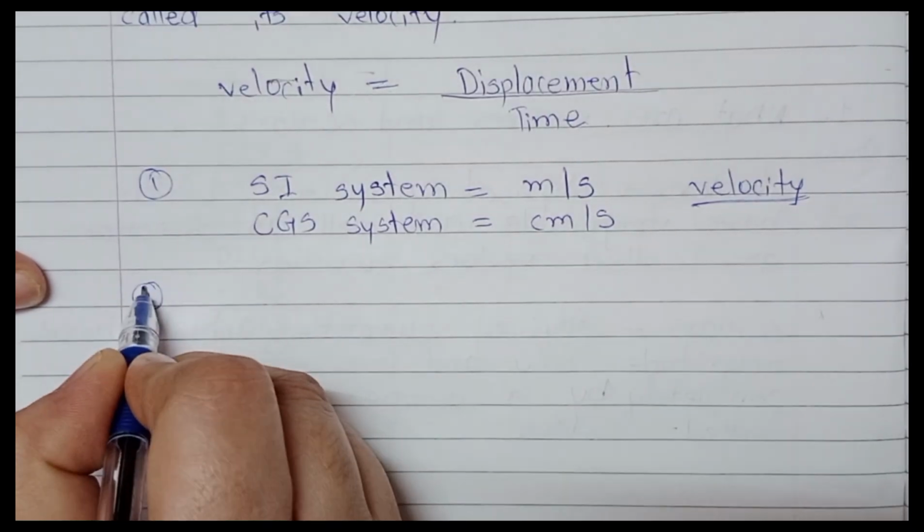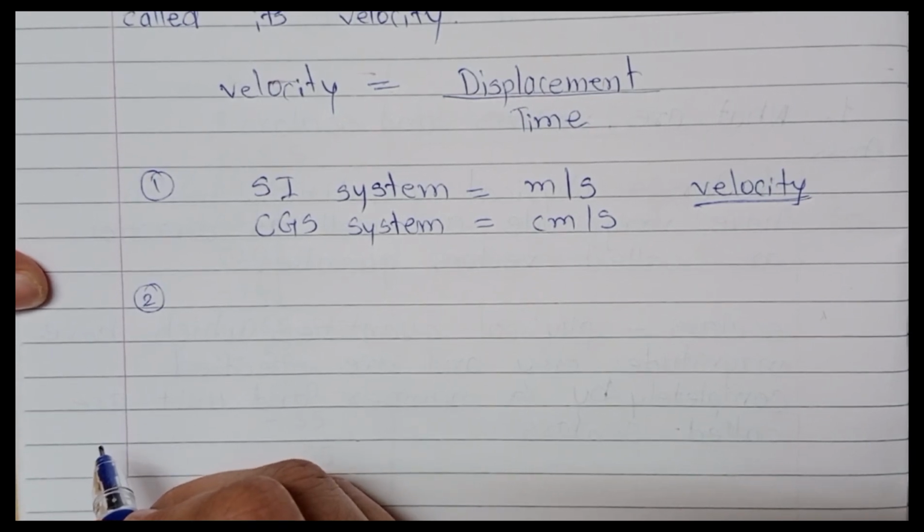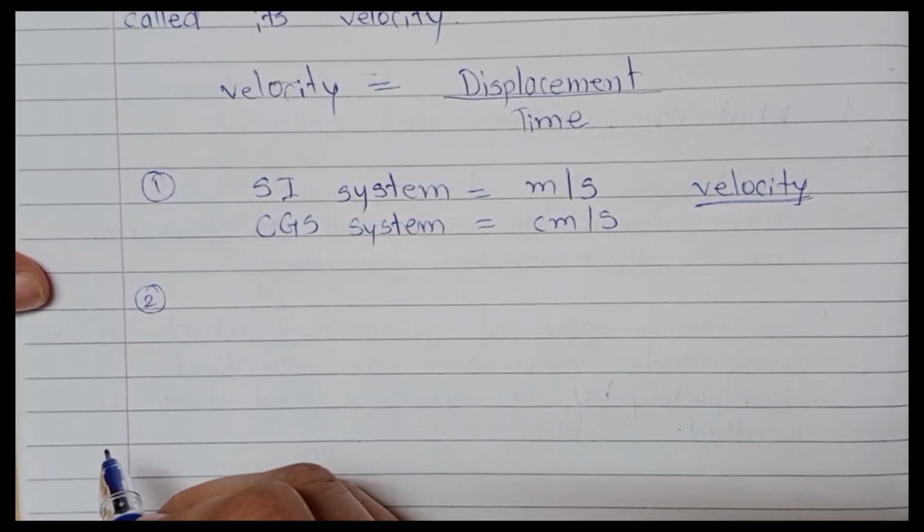Second point. Speed is related to distance, while velocity is related to displacement.